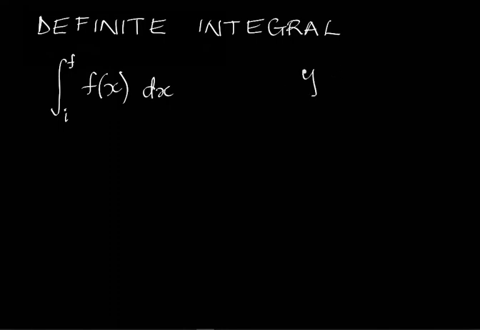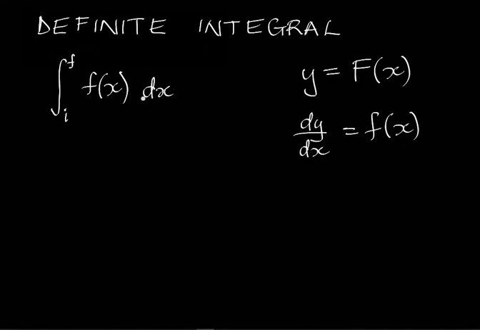Let's say that function that was differentiated is y is equal to capital F of x. So what I mean is we have y is equal to F of x, then dy dx is equal to f of x.